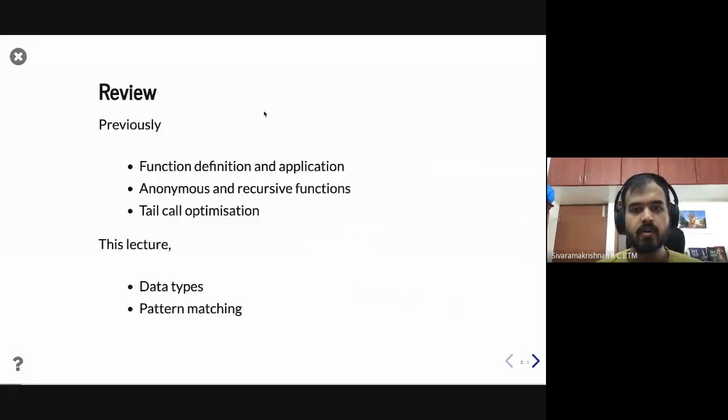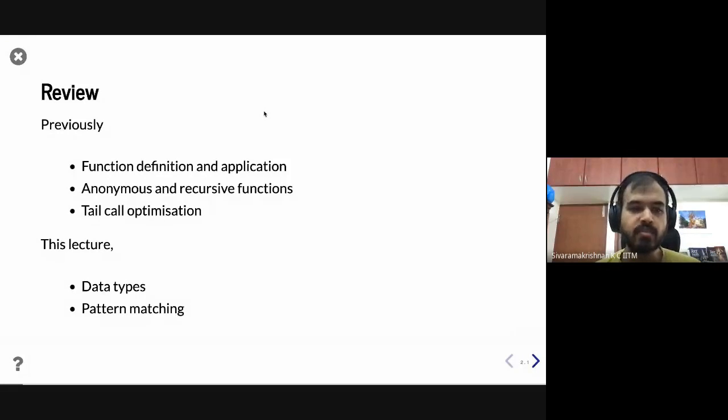So what did we see in the last few lectures? We looked at function definitions, applications, anonymous recursive functions, tail call optimization, partial application, and so on. But all of these concepts can be combined under one bag called functions, right?